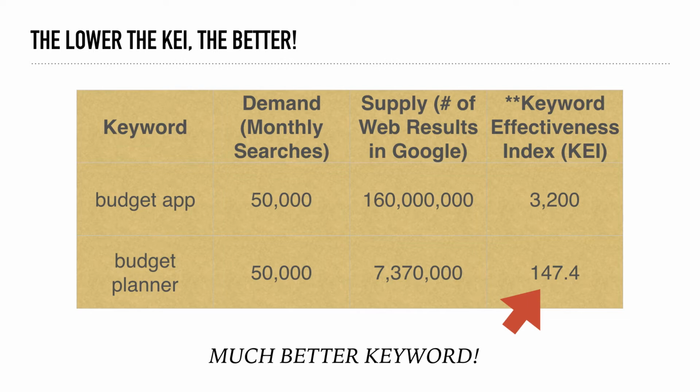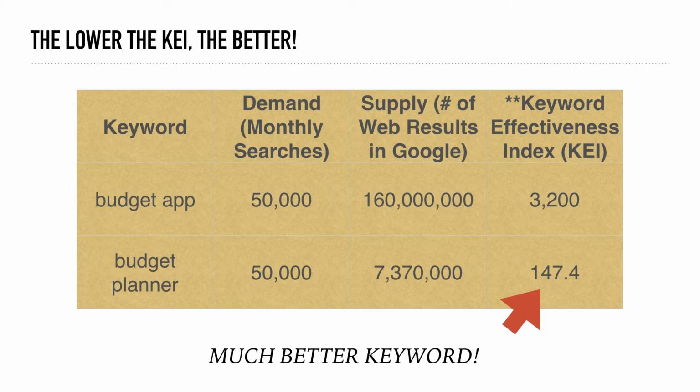This is your demand. In terms of supply or competition, we know that the budget app keyword had 160 million search results, while the budget planner keyword had only 7,370,000 results. The KEI for the budget planner keyword is 147.4, significantly lower versus the budget app keyword, which has a KEI of 3,200.